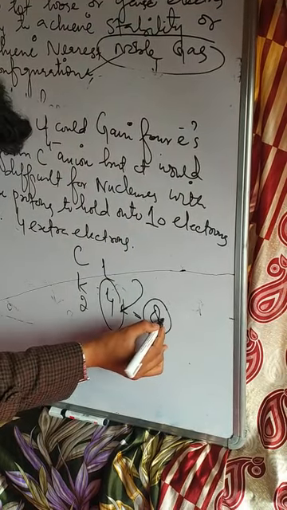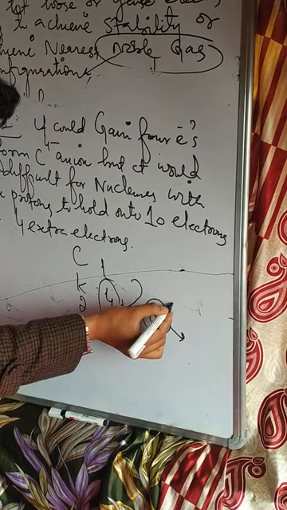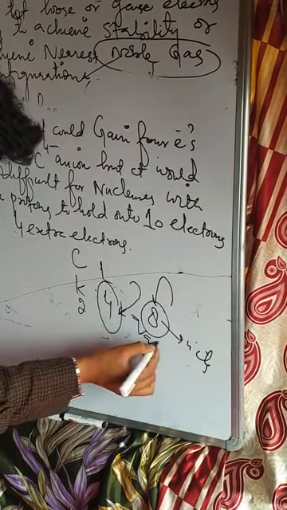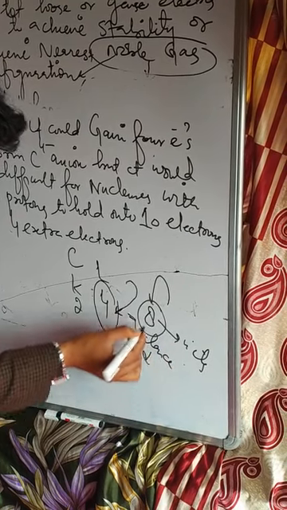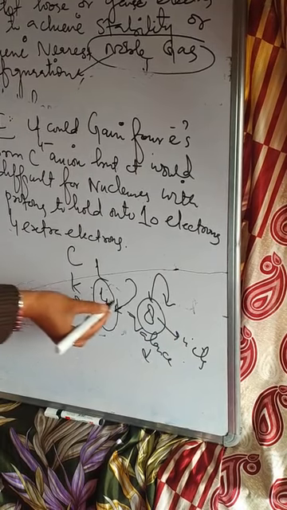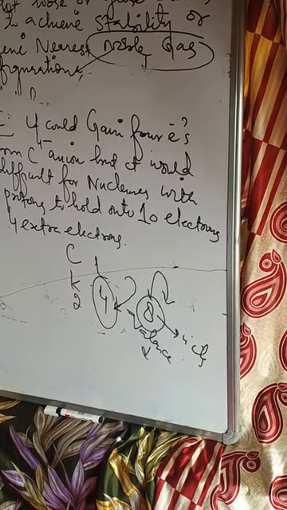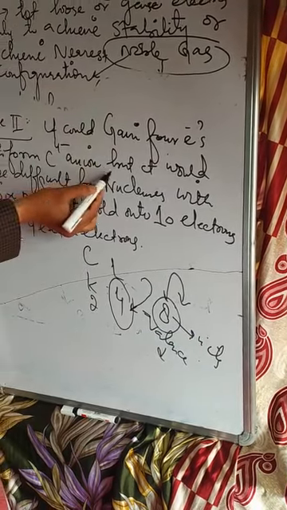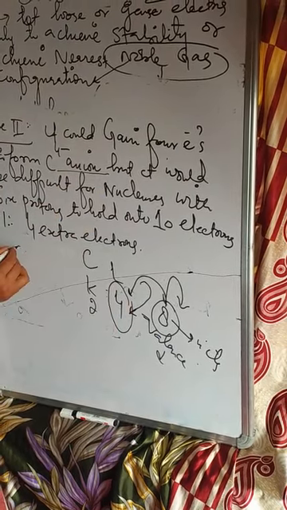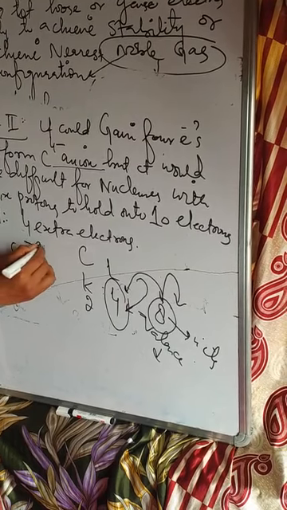That means it will gain 4 electrons and there will be 8 electrons in its valence shell. So it will achieve the nearest noble gas configuration. But the problem with this carbon is that it would gain 4 electrons to form the anion, C4 negative.